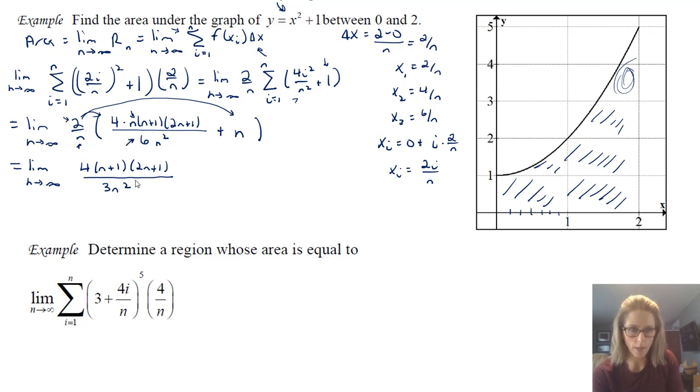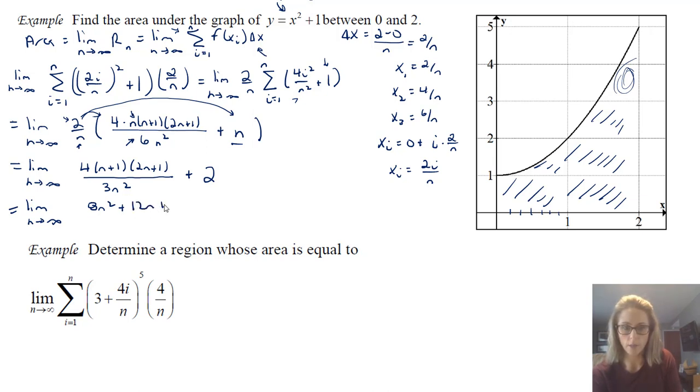That's how come I get what you see here. And then when I do the distributive property with my n over here, this is just plus 2. If we were to multiply out our numerator now, we'd have 8n squared plus 12n plus 4, divided by 3n squared, and then we have our plus 2.